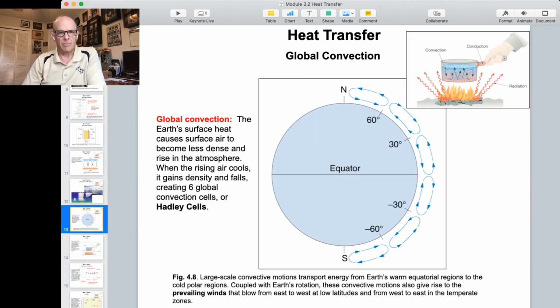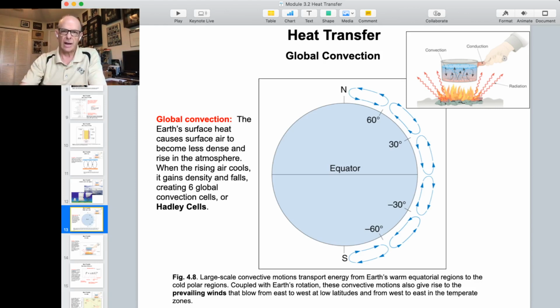There is also global convection, not just local to form clouds. The figure here shows that if we look at the planet as a whole, of course, the sun is heating the equatorial regions more directly than the polar regions. And so the air over the equator is generally going to be warmer than the air at higher latitudes. So that causes that air to rise.